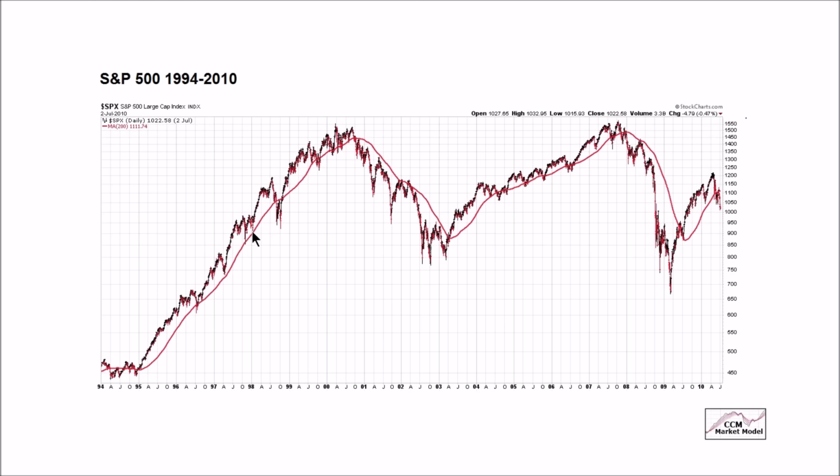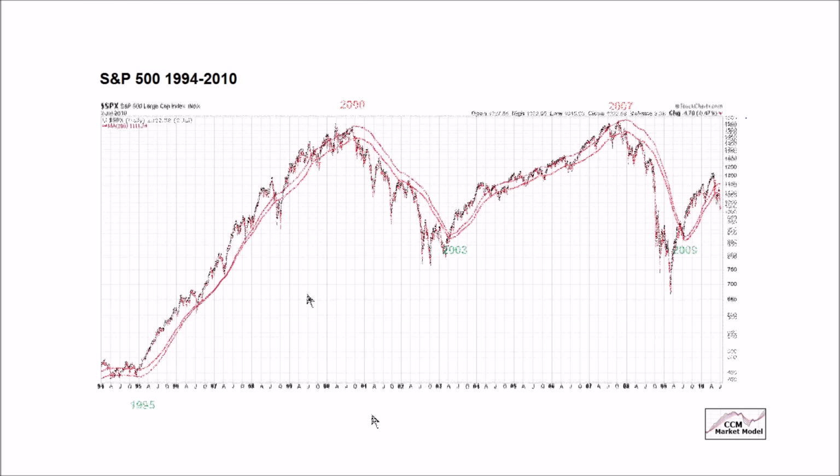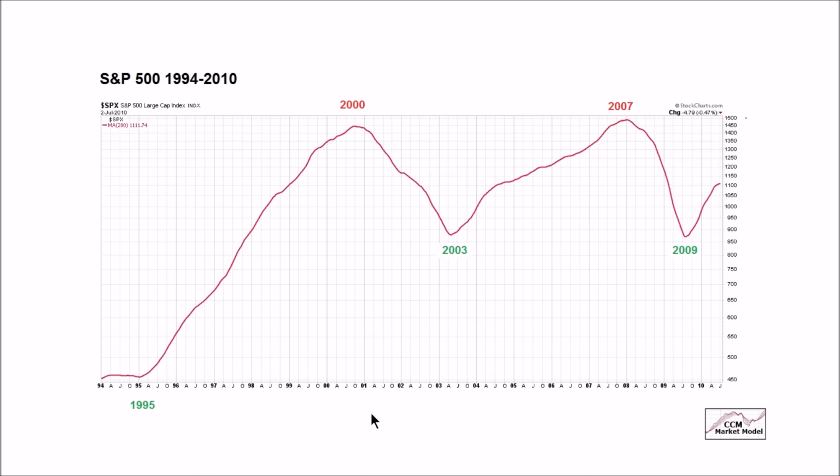This is the 200-day moving average here in red. Clients and longtime viewers of these videos know that all things being equal, the probability of good things happening is higher when the slope of the 200-day moving average is positive.